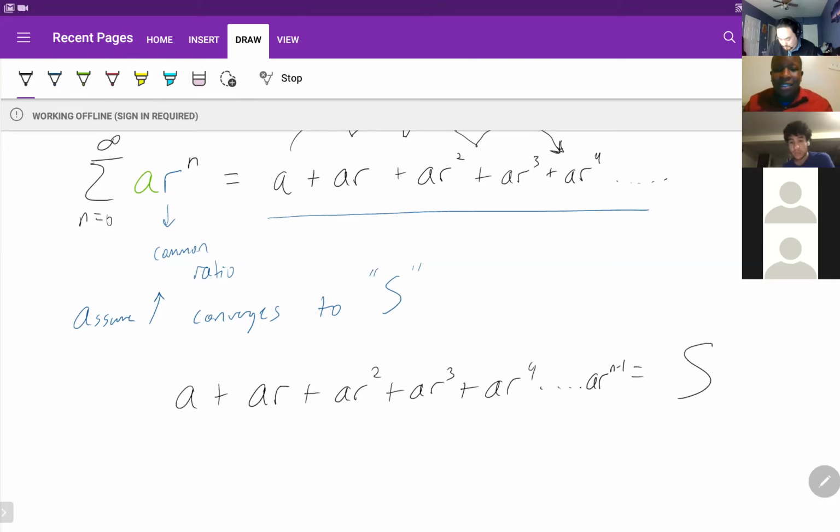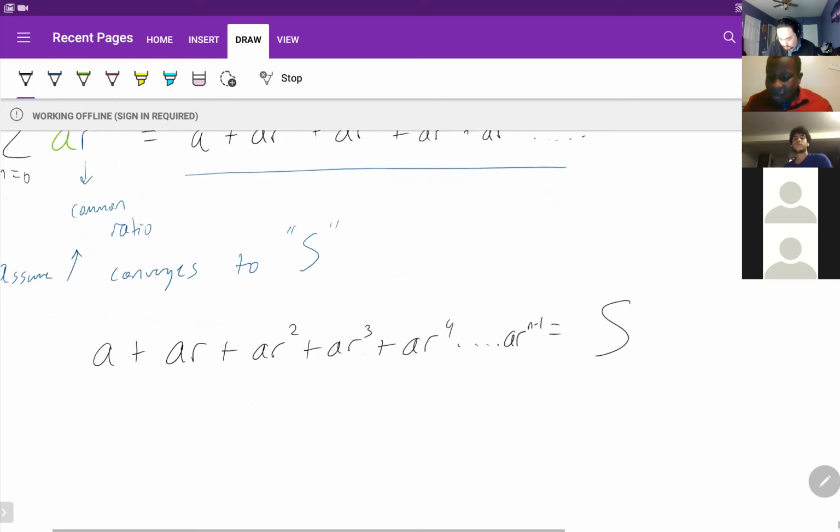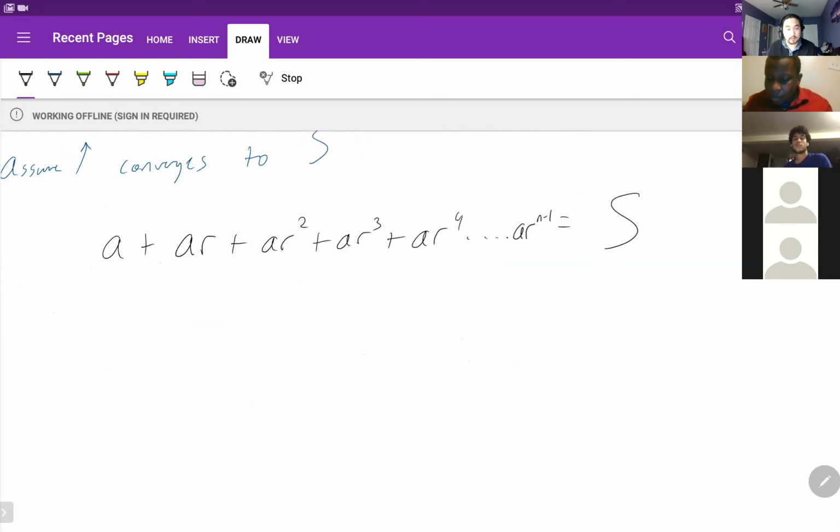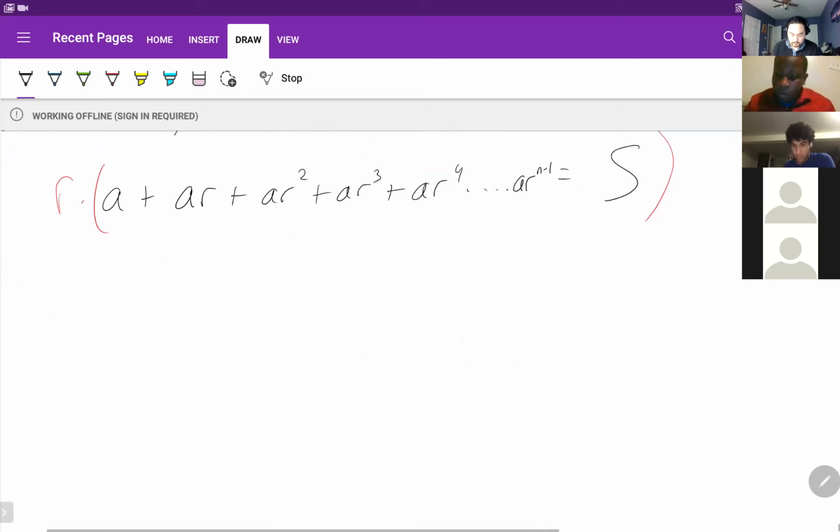And the cool part is you can actually do algebra to this. I can multiply both sides by r, right? So what's going to happen?